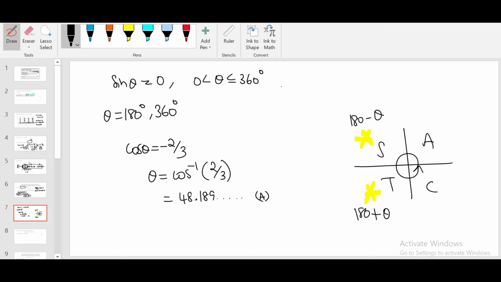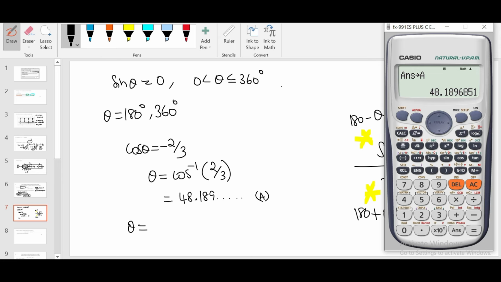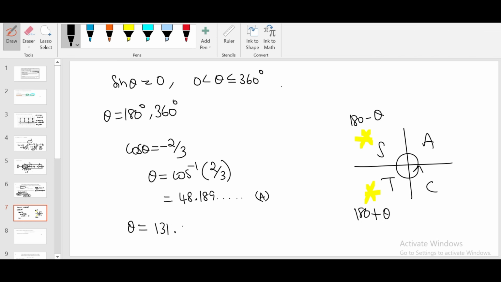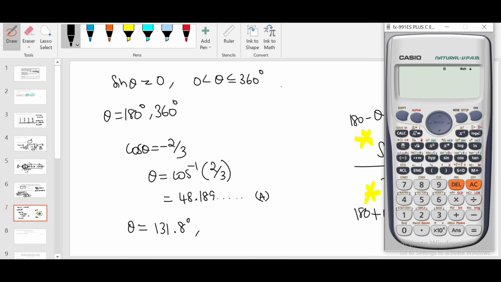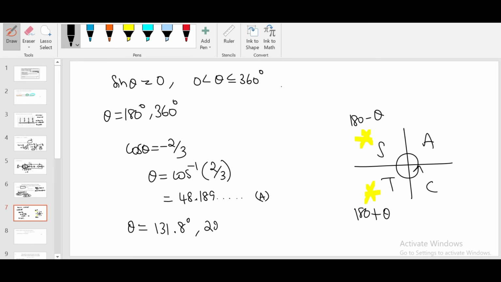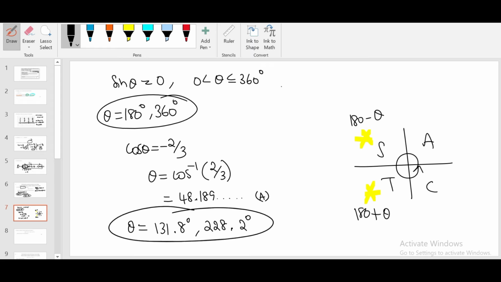So the two solutions for this one will be 180 minus theta, that's 131.8 degree, and then 180 plus theta, that's 228.2 degree. So there are a total of 4 solutions. That's all. So you must know how to solve trigonometric equations here.